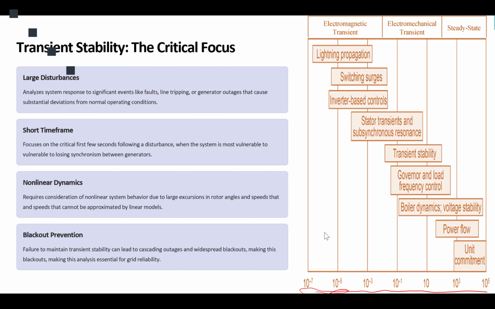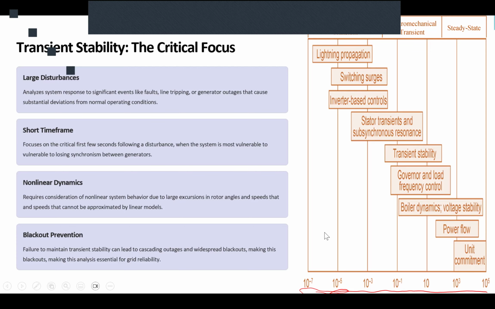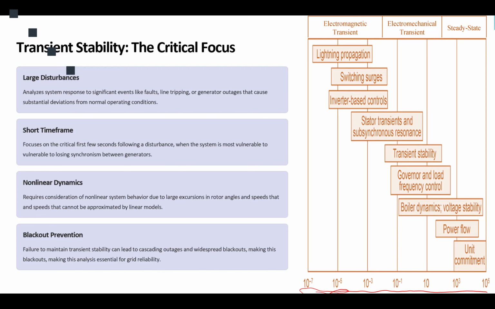It's important to have a transient stability analysis because of the critical significance we said in the previous slide. We want to prevent cascade failure and the massive outage of our power sources, of which the harshest level is a blackout, when the whole system is collapsing.